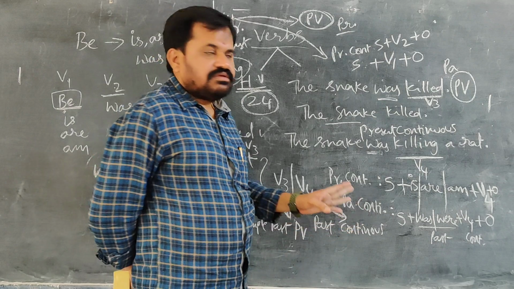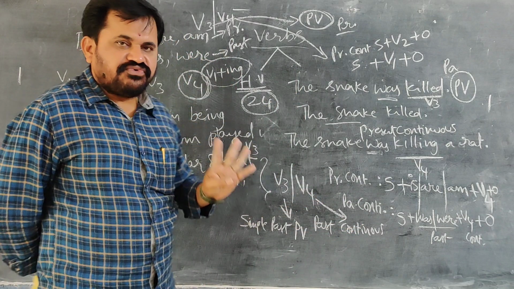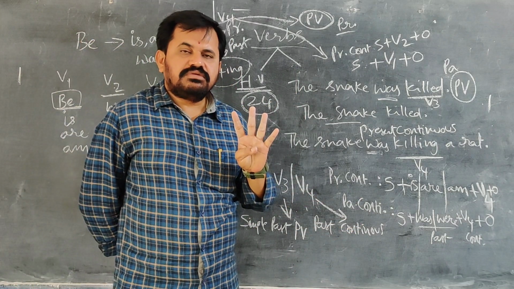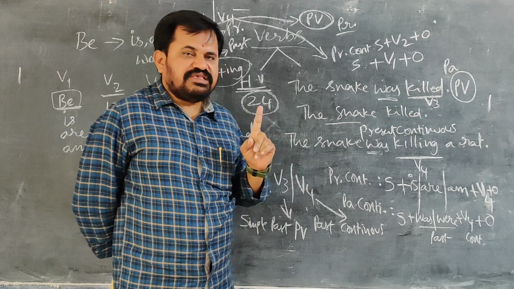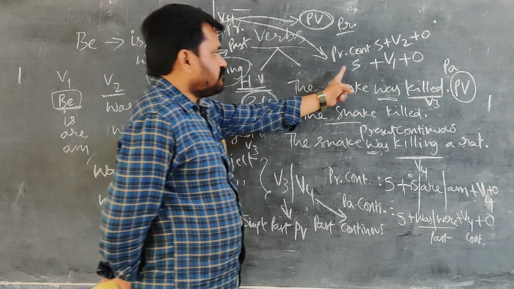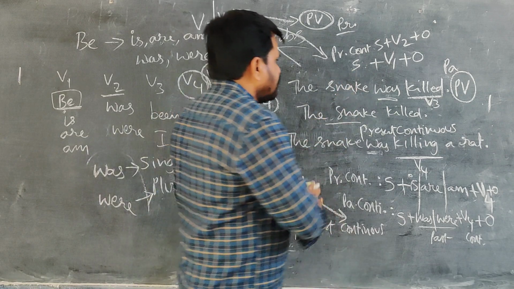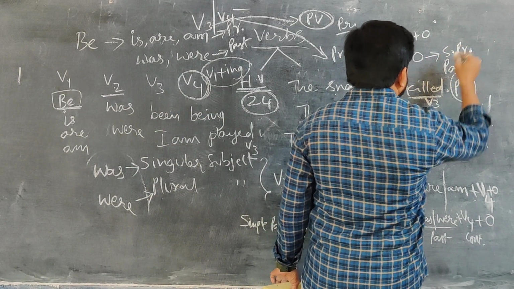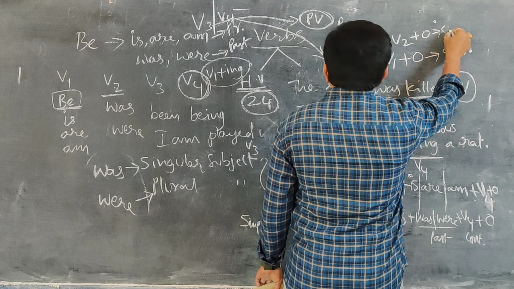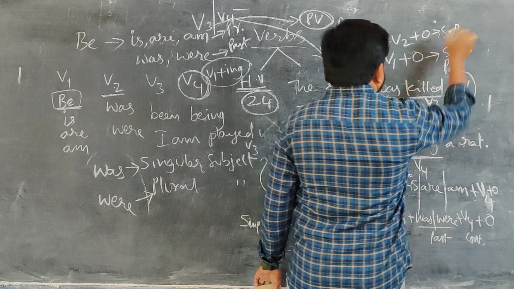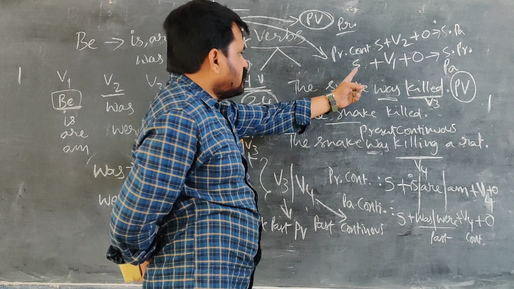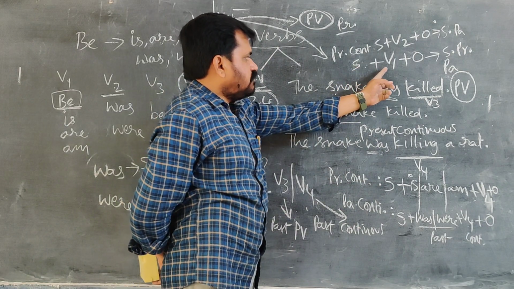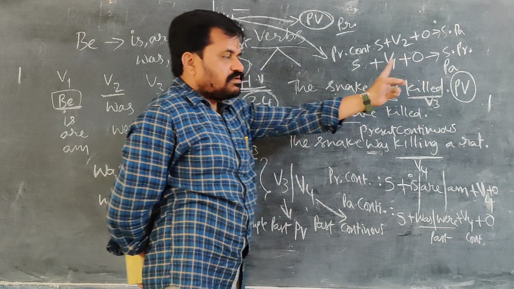So here you learn four structures. One is the simple present tense structure. This is simple present tense, and this is simple past tense. Simple present tense structure: subject plus V1 plus object.